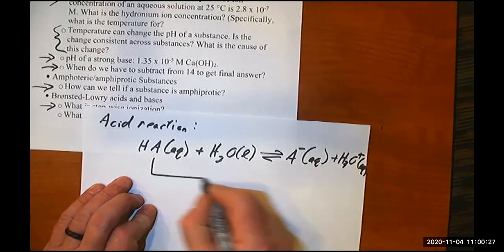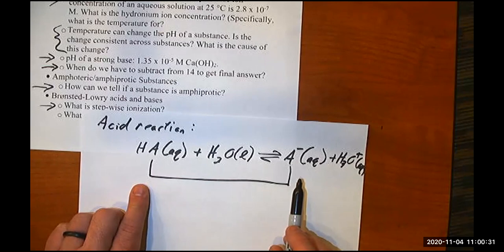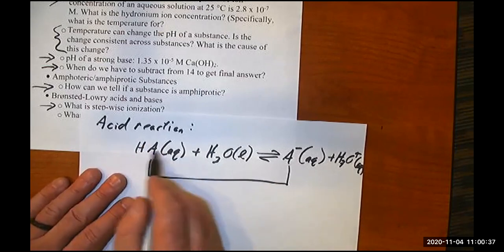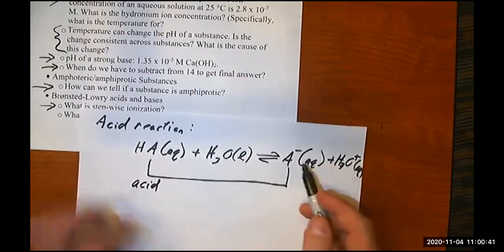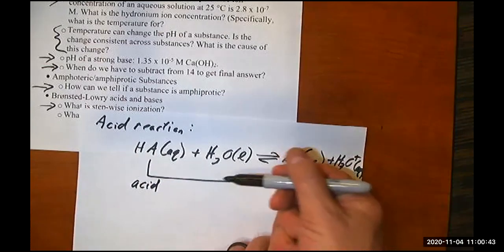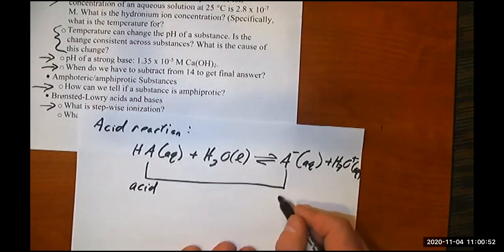Because it's basically the same thing, this is a pair that you will always find in an acid-base reaction involving this species. On this side, we see that it is acting as an acid. This one, if it is reacting and going the other way, is going to be the acceptor of the proton, so it is acting as a base.